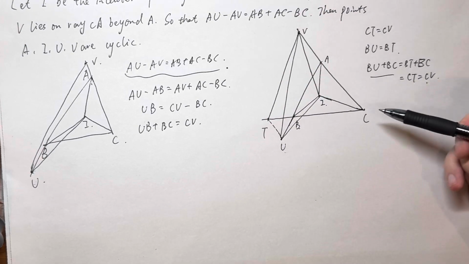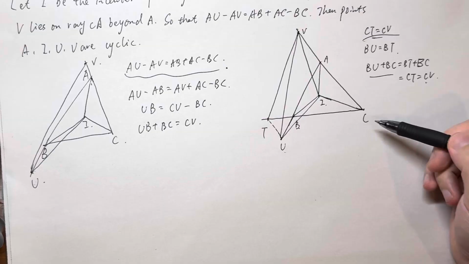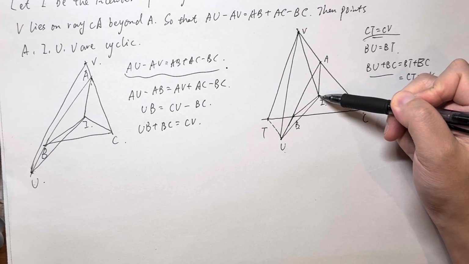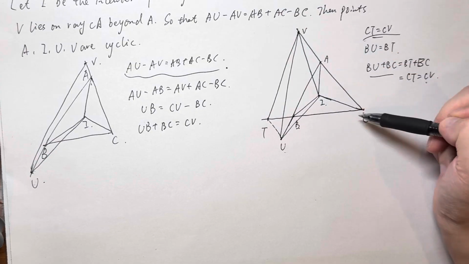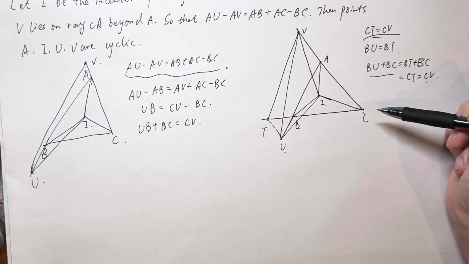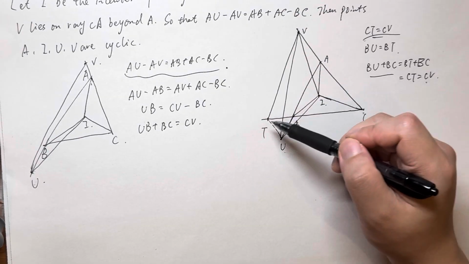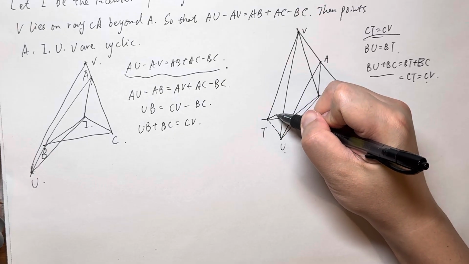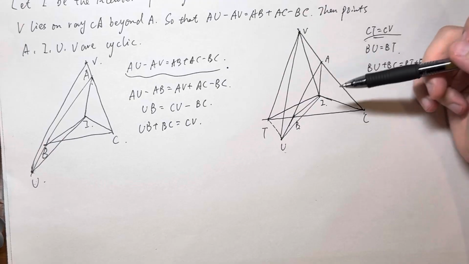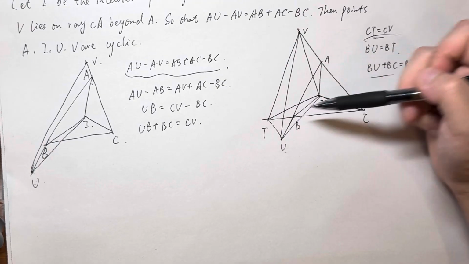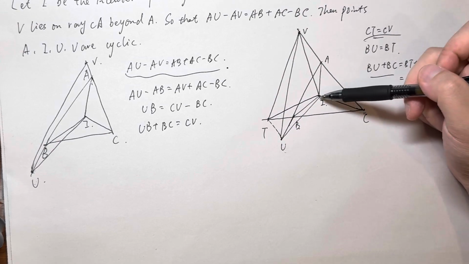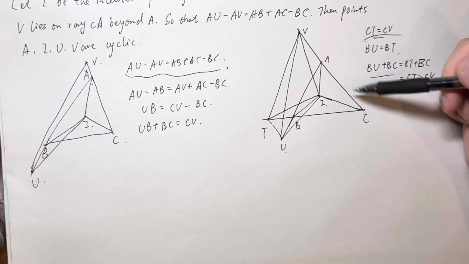Next thing is to think about the figure. We already have the properties that CT equals CV, and CI is the angle bisector of angle VCT. This is important because based on this, if I connect IT, we know that CT equals CV, CI equals CI, and angle ICT equals angle ICV.